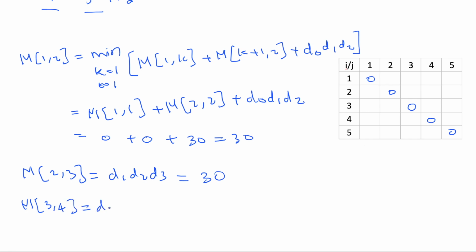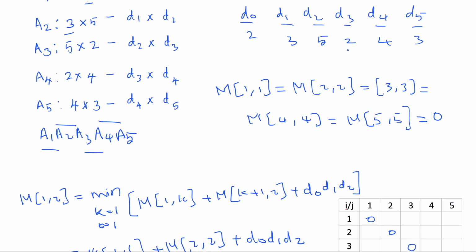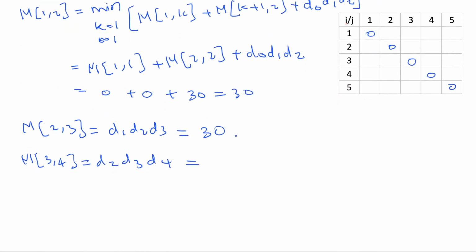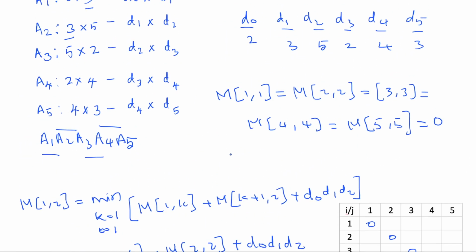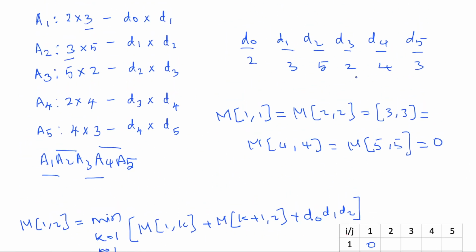That will be d2 d3 d4, which is 5 into 2 into 4, which is 40. Similarly, m4,5 is equal to d3 d4 d5, which is 2 into 4 into 3, that will be 24.